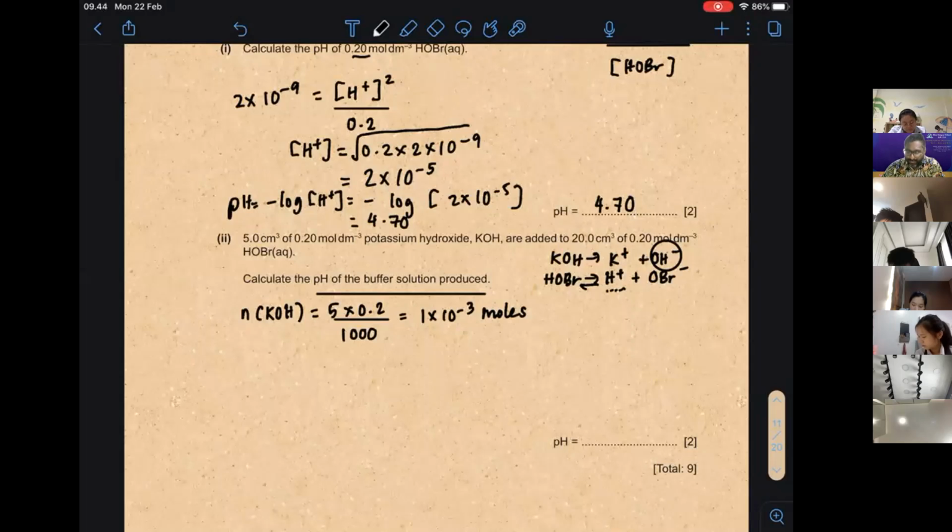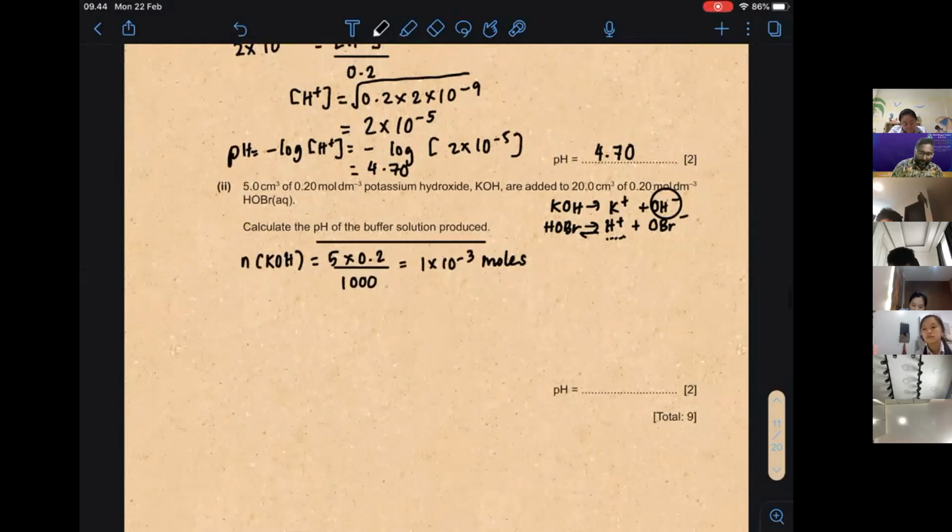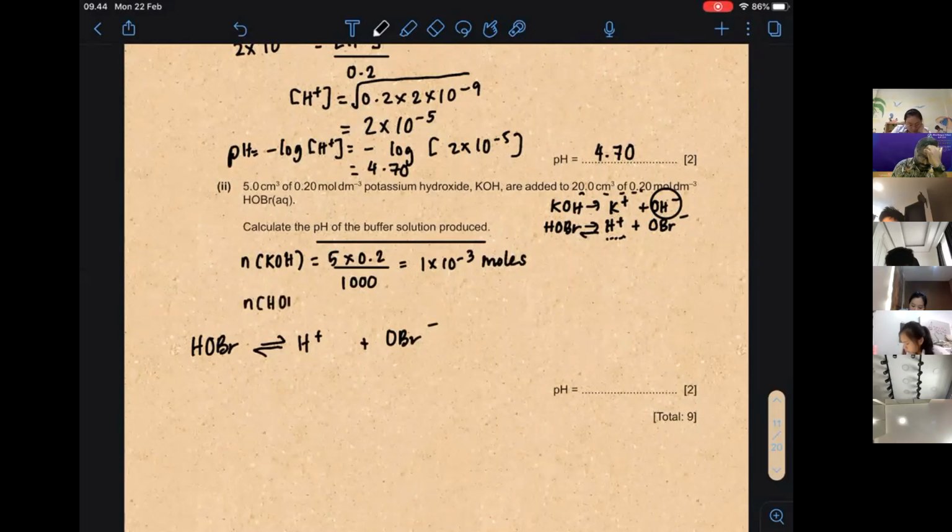So you need to first calculate the initial HOBr. I'll just make it bigger: HOBr gives H plus and OBr minus. For the initial HOBr, you can see the data given: 20, so you can calculate the N of HOBr, and this is initial.